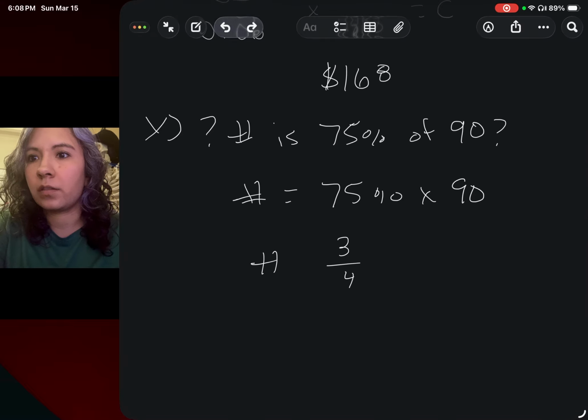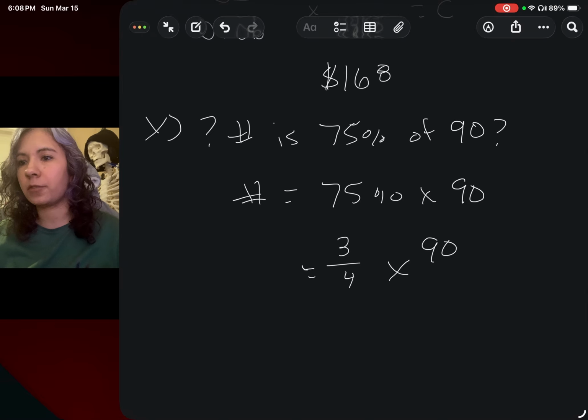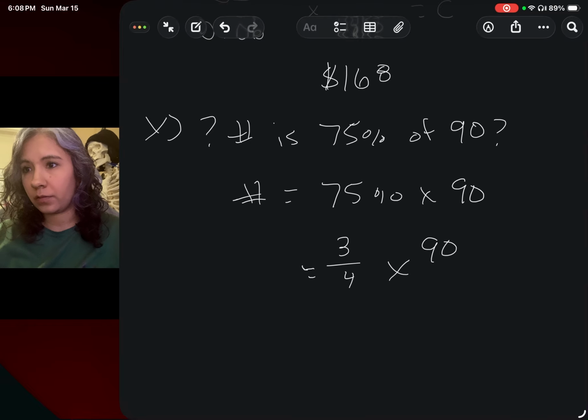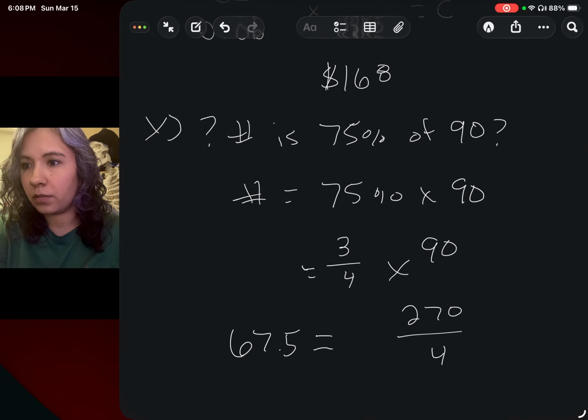Let's take that off, because that's going to be our answer. So 3/4 times 90. Let's do 90 times 3 and divide that by 4. So that's going to be 270 over 4. So our number is going to be 67.5 when you divide that out.